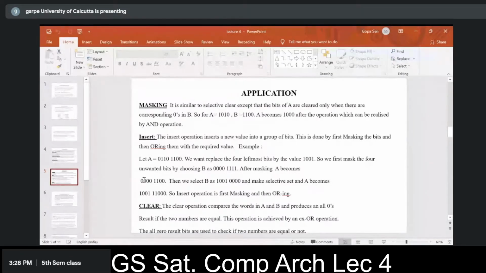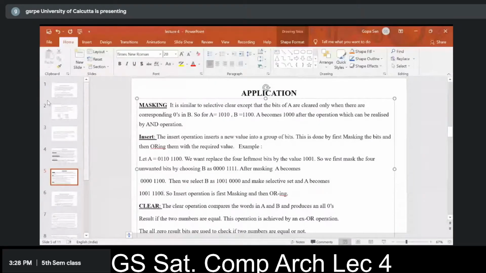So A becomes equal to 1001 1100. Sorry, there is one extra 0 here. So the insert operation is done by 2 operations, first masking and then adding, or selective set.